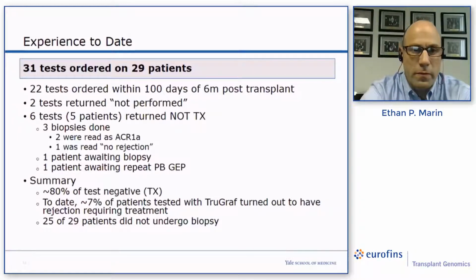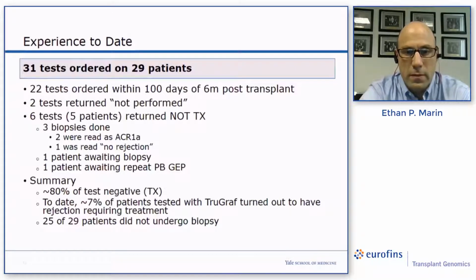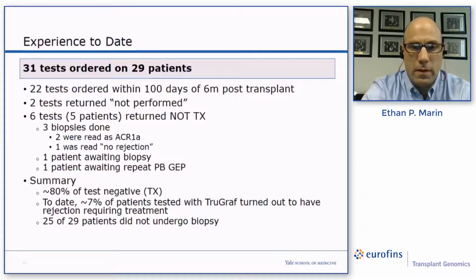Also of note, 25 of the 29 patients have not gotten a biopsy and at this point are not scheduled for a biopsy either. In those 25 patients, the TX result that we got from the test has allowed us to have some measure of comfort that rejection is less likely in that group.